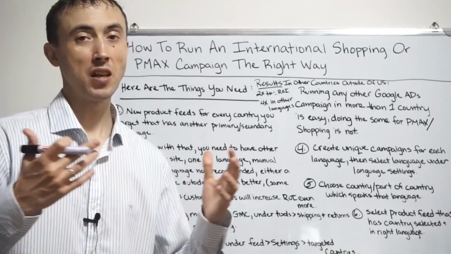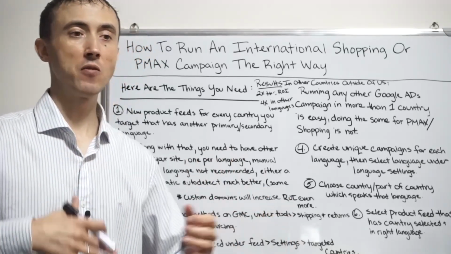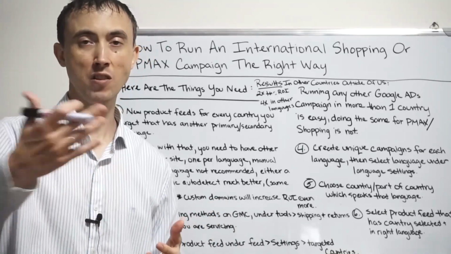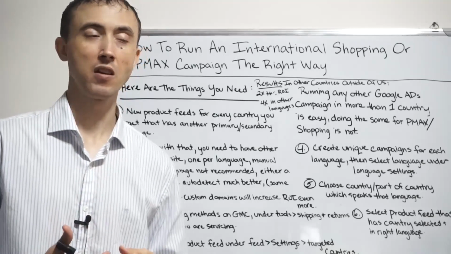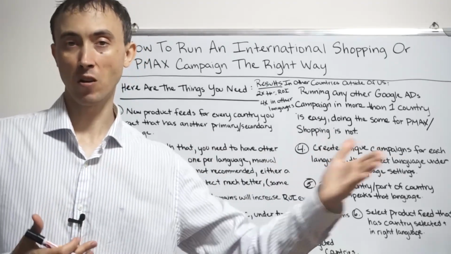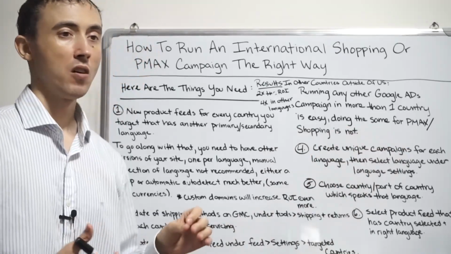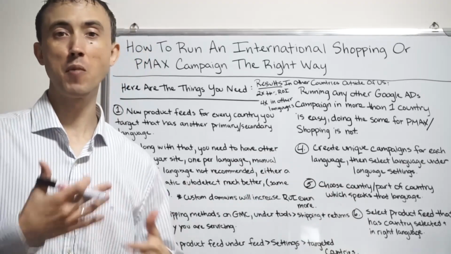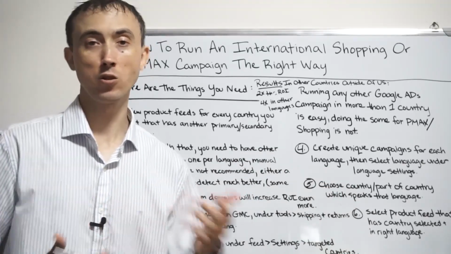Now, you may not be able to get as much sales as the US, obviously, but the whole great thing about running a PMAX campaign, which I mentioned in this video, I recommend doing that over shopping. You could set your target ROAS to whatever you want, or target ROI, if you want to call it that. So ultimately, it'll just get you the sales at the ROI you want. It may not be very much for a certain country, but you're getting a trickle.